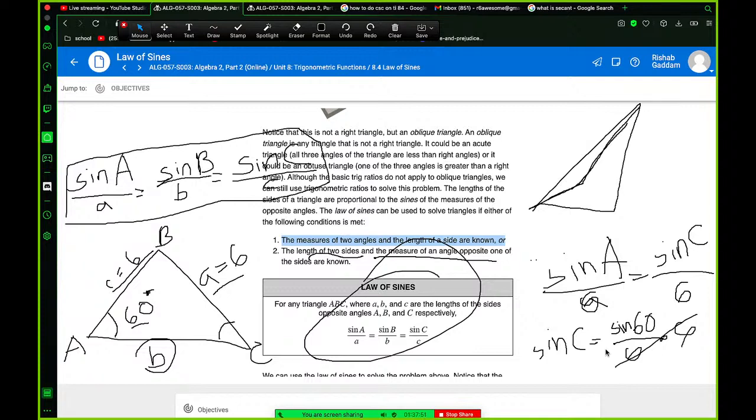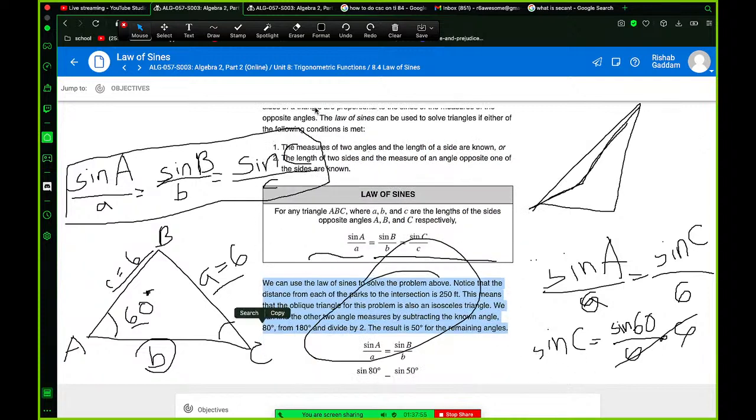Voila, we have C. C is equal to 60. What a coincidence! This is an equilateral triangle. Yay! And this is obviously equal to 6 because all of the sides are the same and all of the angles are the same.